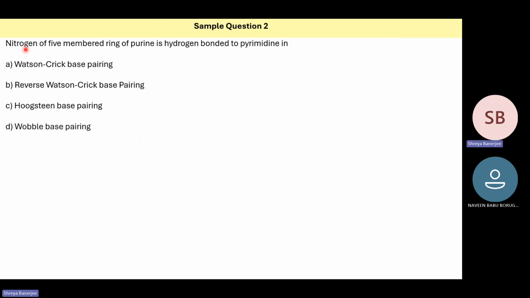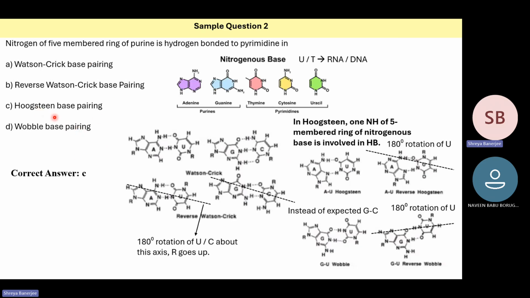Then you have a question asking that nitrogen of 5-membered ring of purine is hydrogen bonded to pyrimidine in what kind of base pairing? We had looked in the previous class that there are three main kinds of base pairing.